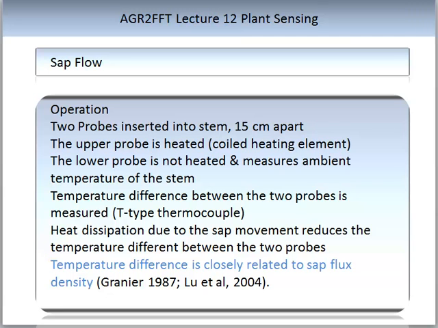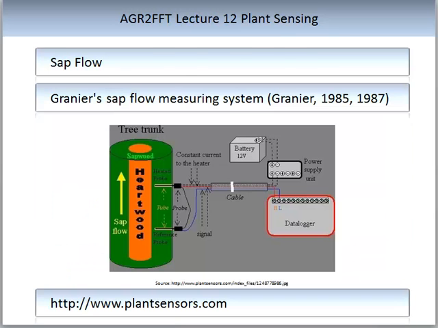Therefore, the concept of sap flow is that temperature difference is closely related to sap flux density, as described in the two publications by Granier in 1987 and then later by Liu et al. in 2004. The figure on the screen was obtained from the website plantsensors.com and shows the principles behind the sensor, both its components and how it operates.